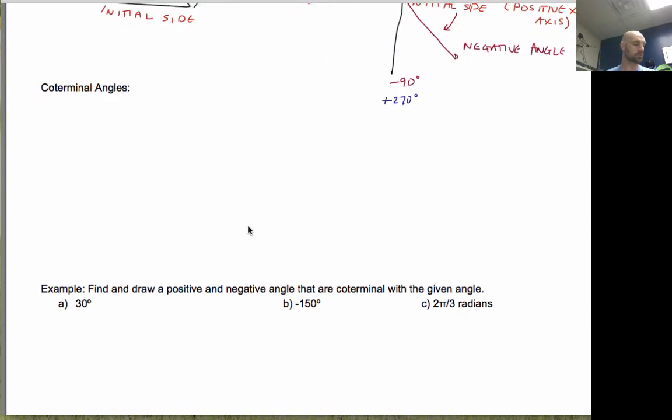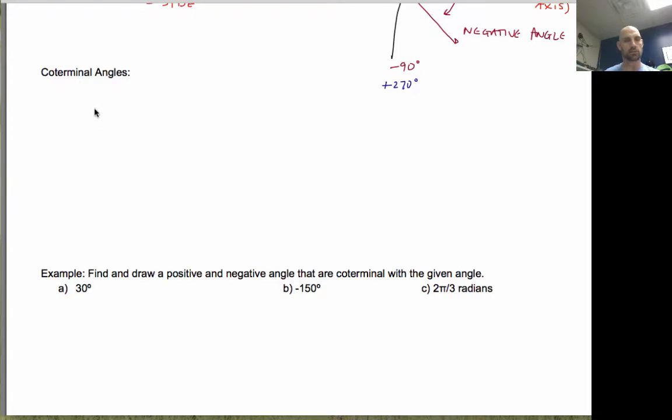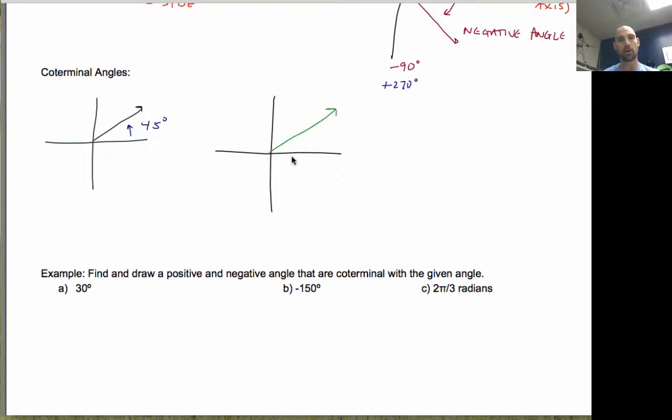And so this brings us to our discussion of coterminal angles. So let's say, for example, I have an angle here, and it opened up this way, and what's going to become important is this arrow telling me which way it opened. This is a 45-degree angle. But I could also have an angle that opened up counterclockwise and stopped here, but in order to get there, I went all the way around and then stopped here.